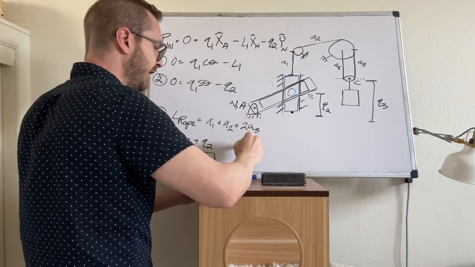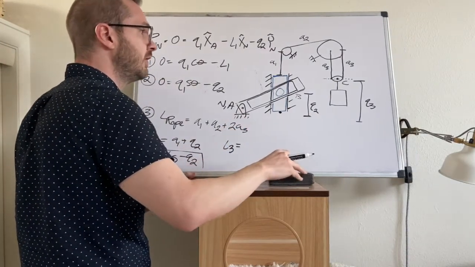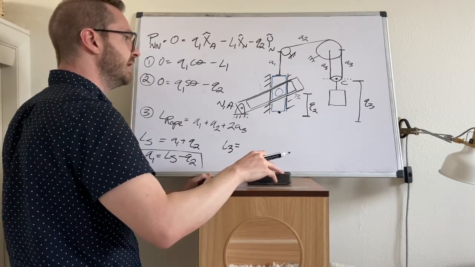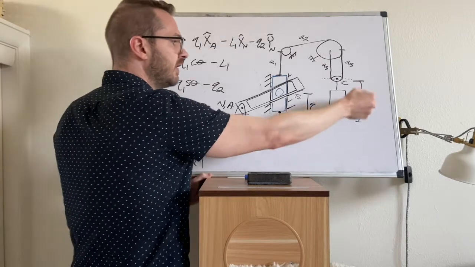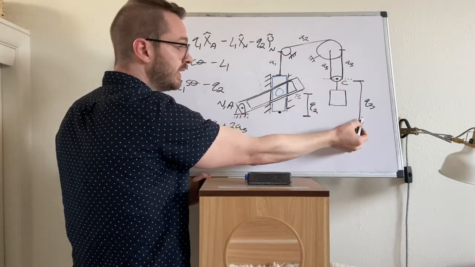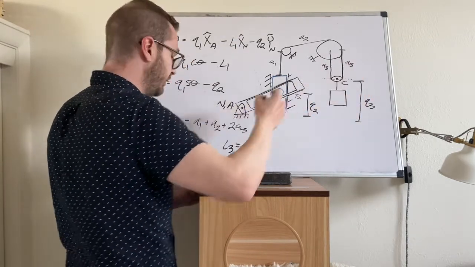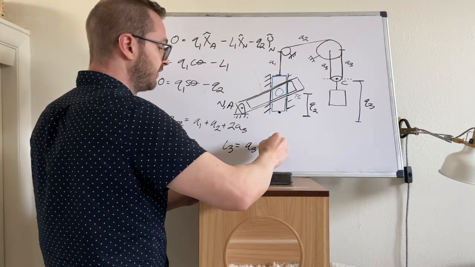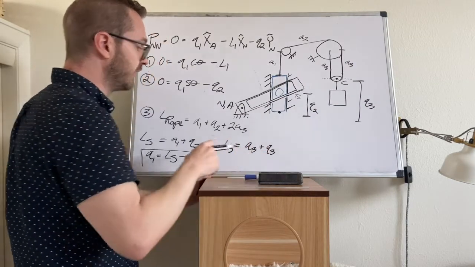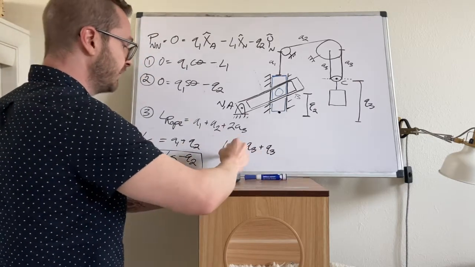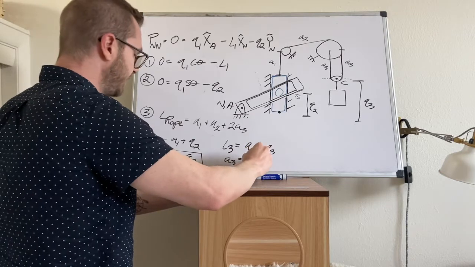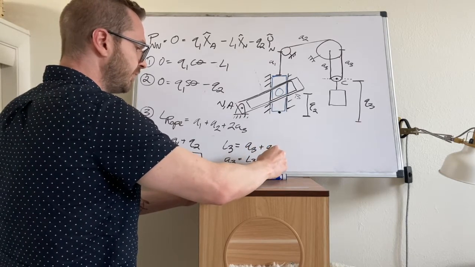So let's say L3 equals, and now, this time, because of where we put point C, we can just combine Q3 and we can combine A3. So now it's A3 plus Q3, and we can solve for A3. So A3 is going to equal L3 minus Q3.